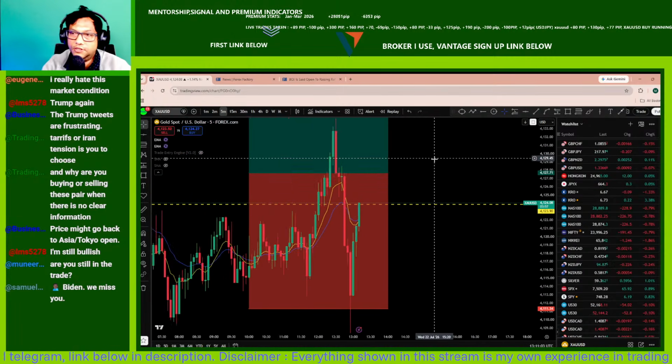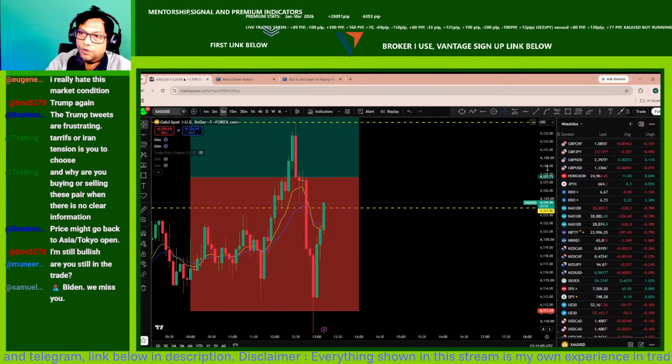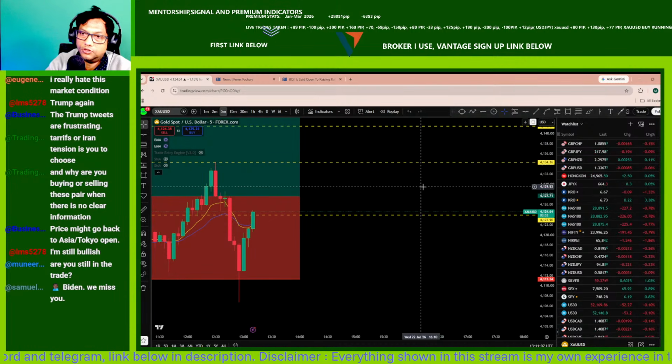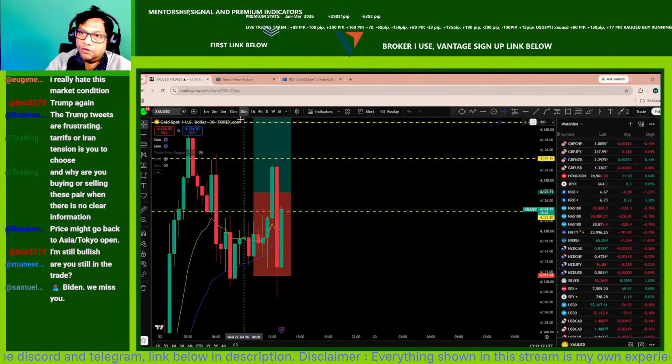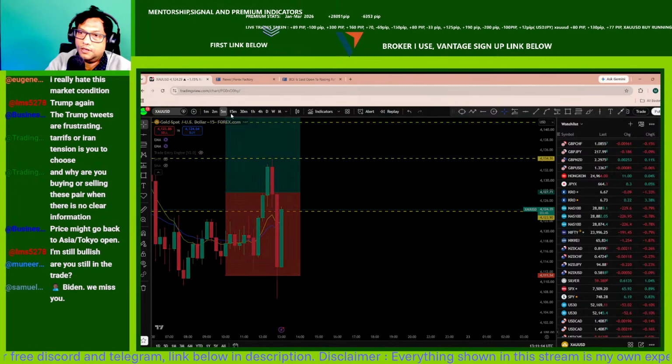Okay, we might see that entirely moving back again to create a higher high, crossing that previous liquidity zone in this area here.